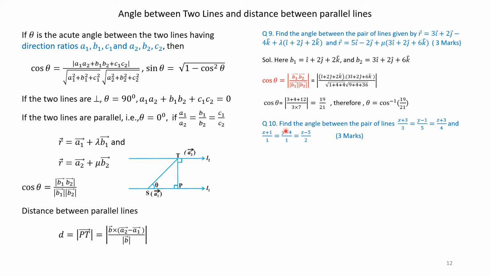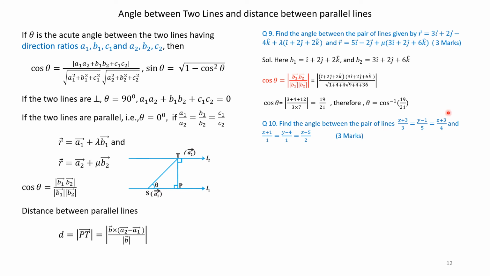Question number 10. Find the angle between the pairs of lines. Here it is given in the standard form: x plus 3 divided by 3 is equal to y minus 1 by 5 is equal to z plus 3 by 4, and x plus 1 by 1 equals y minus 4 by 1 equals z minus 5 by 2.